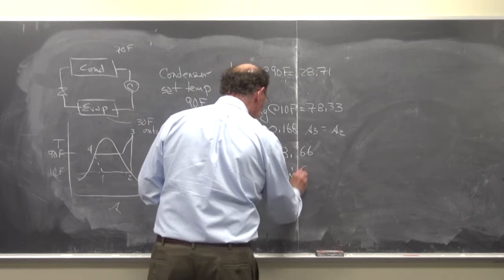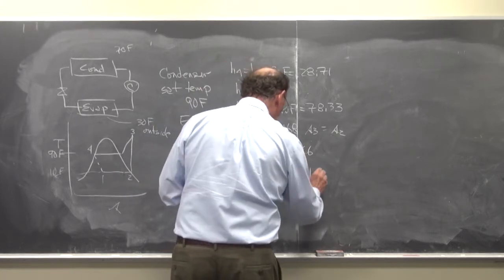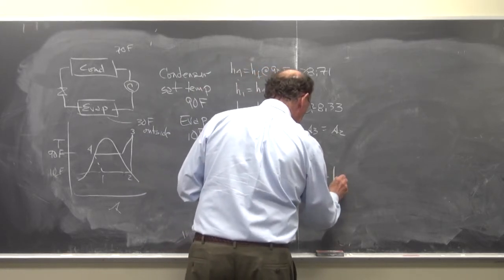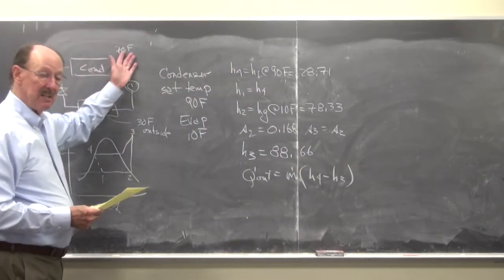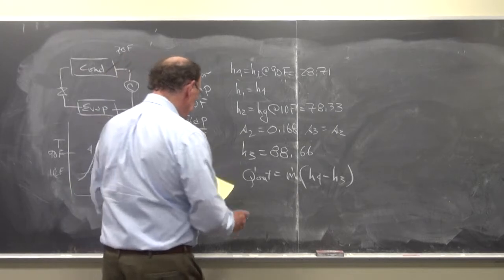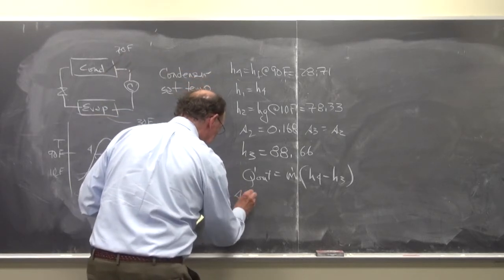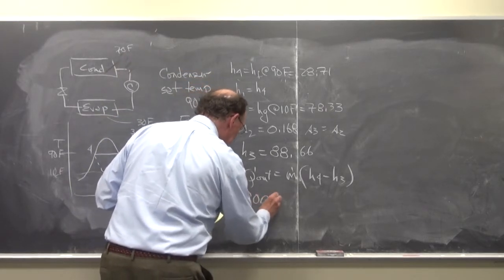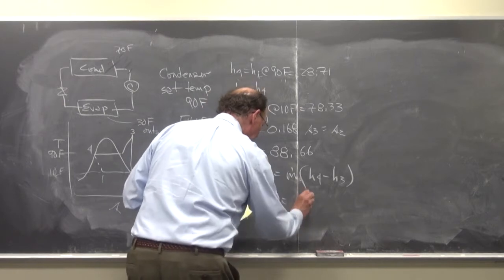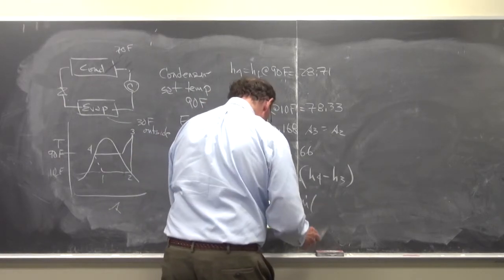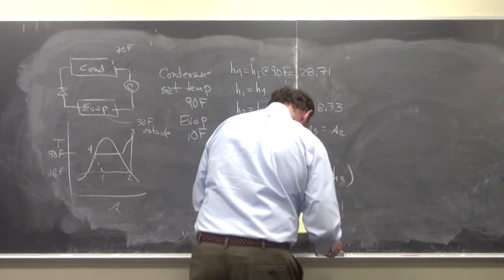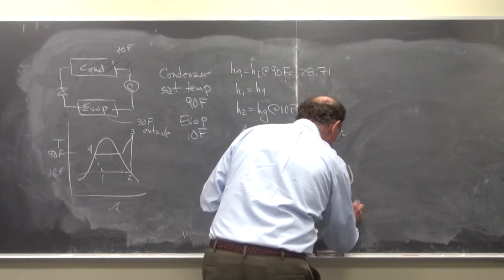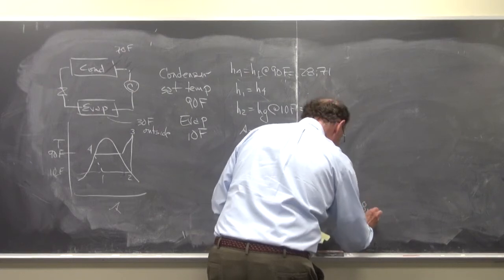And so now Q dot out is equal to the mass flow rate times H4 minus H3. The heat out that I want for heating comes out of here. I know this is minus 48,000 because it's out, the minus sign, and it's the mass flow rate times the difference, 28.71 minus 88.66.